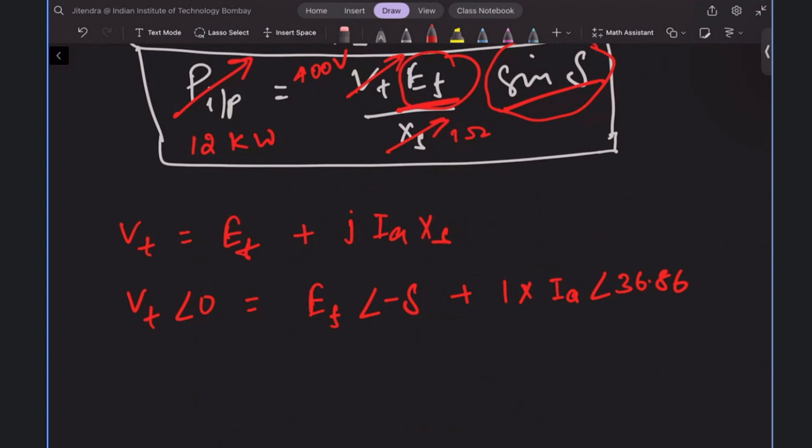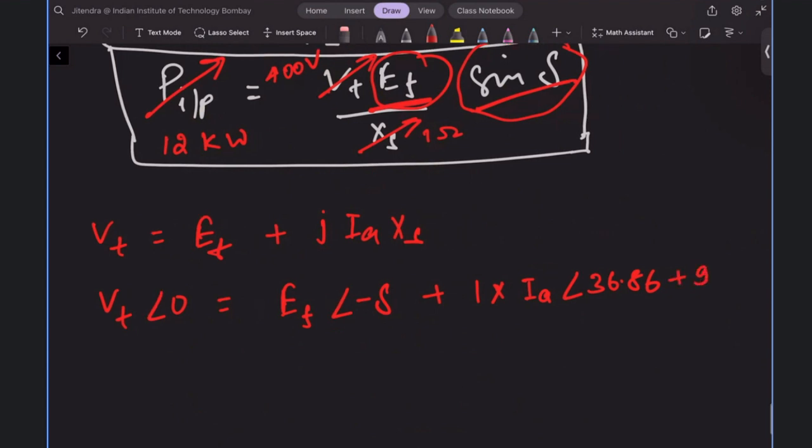And j is multiplication, so we can add 90 degrees, right? So from this KVL expression, and VT also we know, right? VT is given as 400.